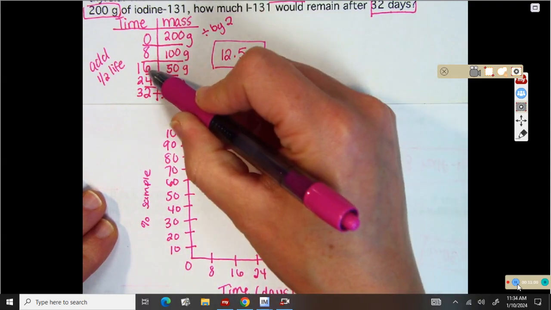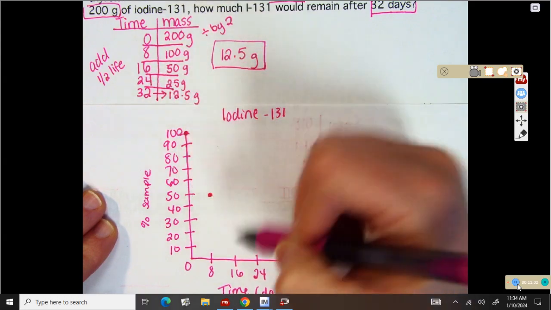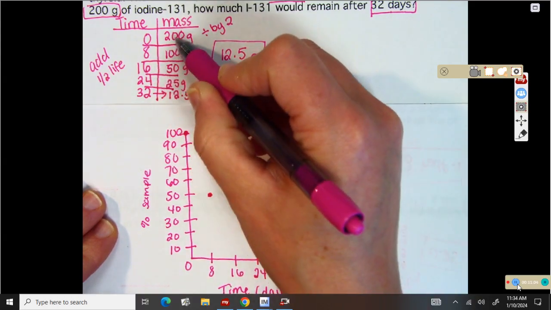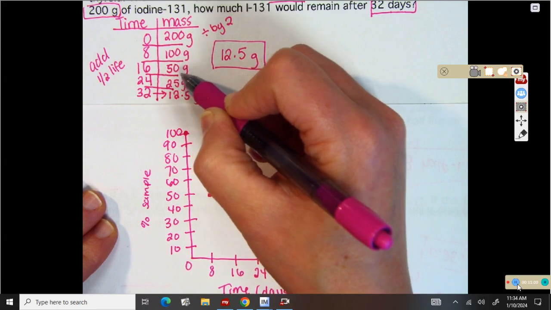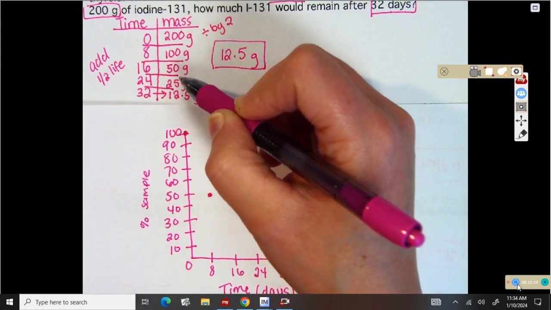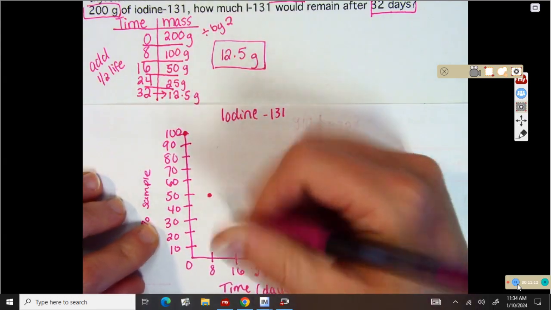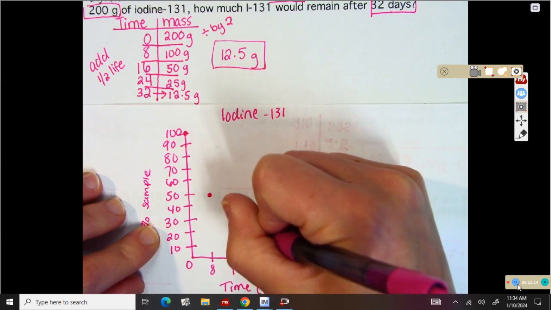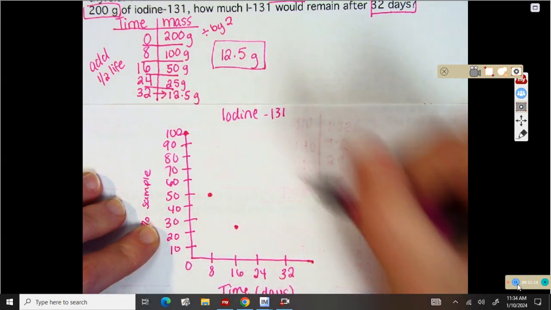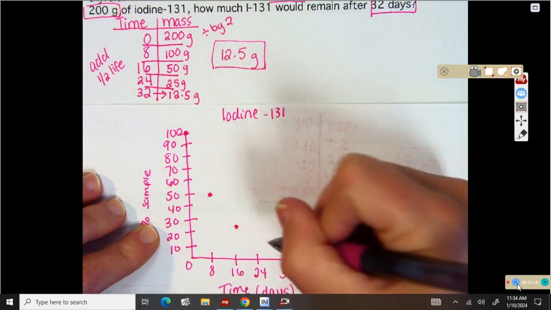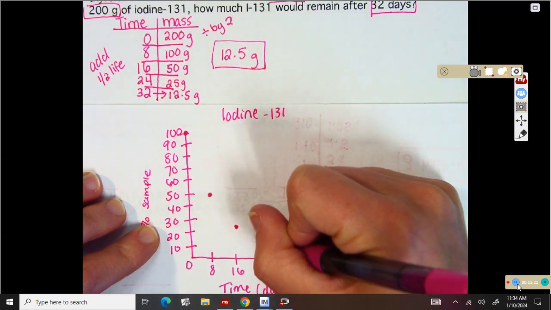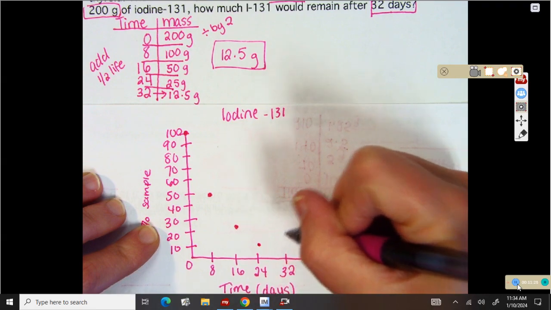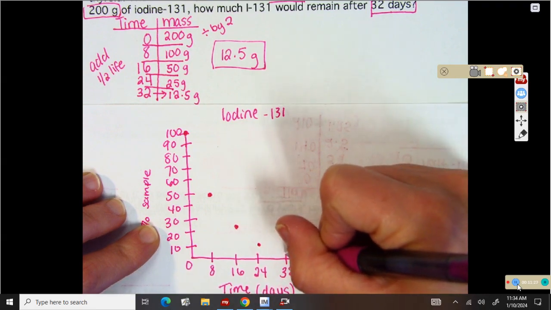Okay, after 2 half-lives, which is 16 days, if you're looking at it out of 200, 50 is 25%. So after 2 half-lives, I have a little bit less of my sample. After 3 half-lives, I have 12.5%. And after 4 half-lives, I have even less.